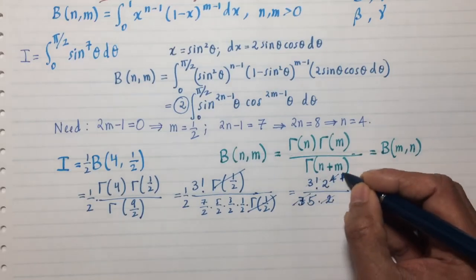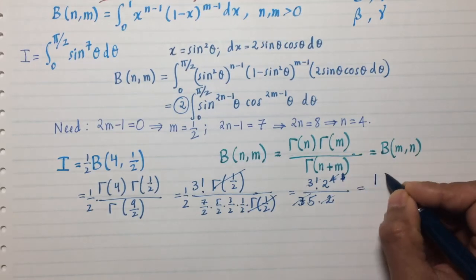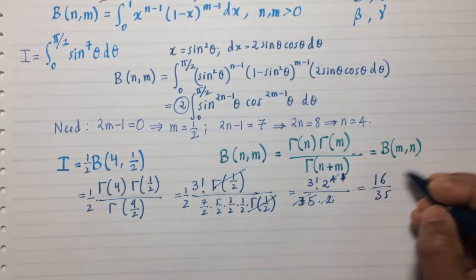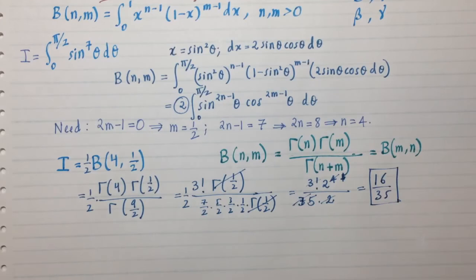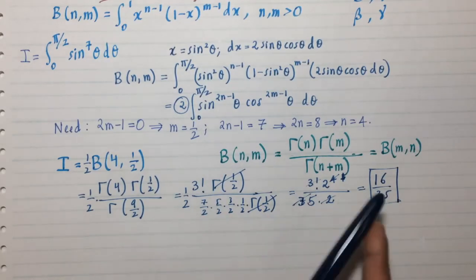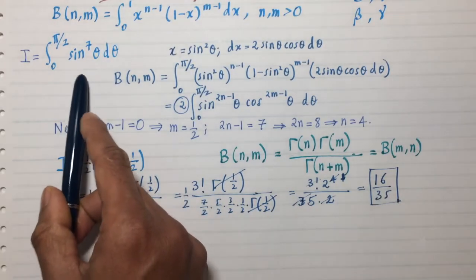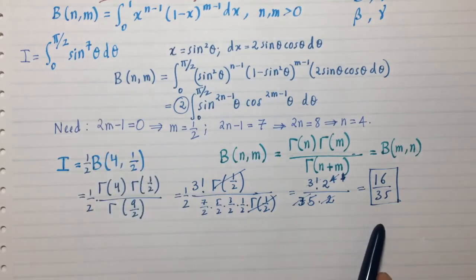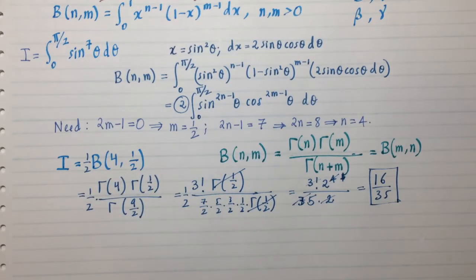So I don't have to do this. So that gives me 16 over 35. So that's the answer. That's pretty amazing. That integral, which is not easy to do at all, I get in just a few minutes. So it's a very useful way of calculating complicated integrals.